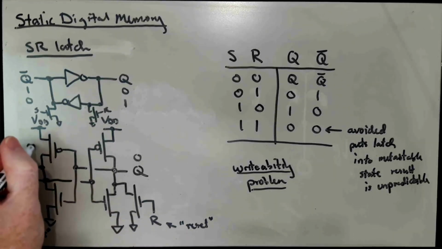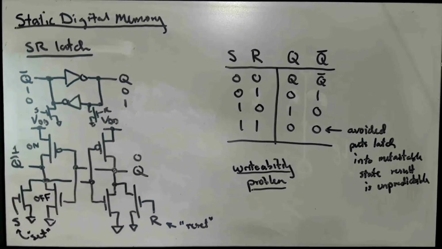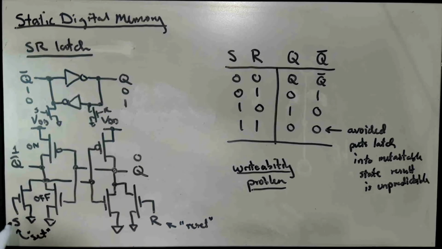Well, this transistor is on and this transistor is off. Okay, so the PMOS transistor here is on, and when we assert S, we set S to high, we'll have this transistor on here, and so we have this PMOS transistor on fighting against this access device, which is also on.